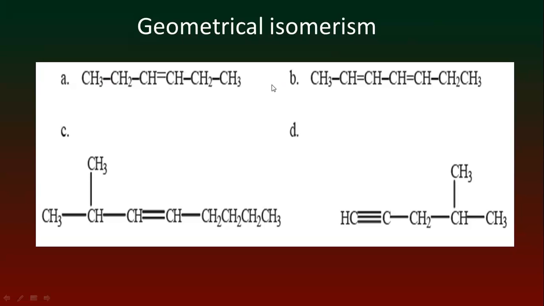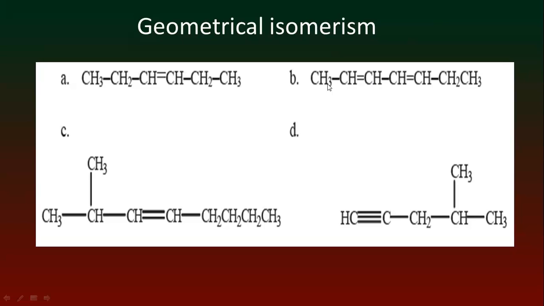Now follow the next one, compound B. Here this compound contains a double bond, and each carbon containing the double bond has two different groups joined to it.